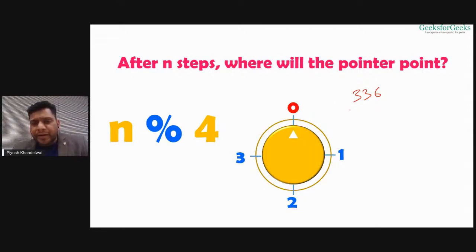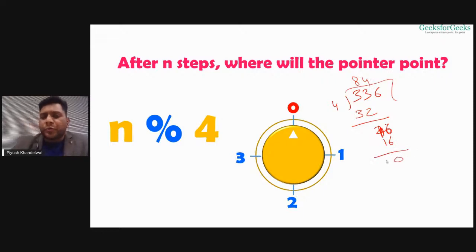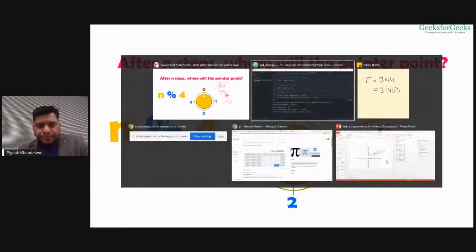If I divide this number by 4, it is going to be 84, and the remainder is going to be 0. So let me verify.